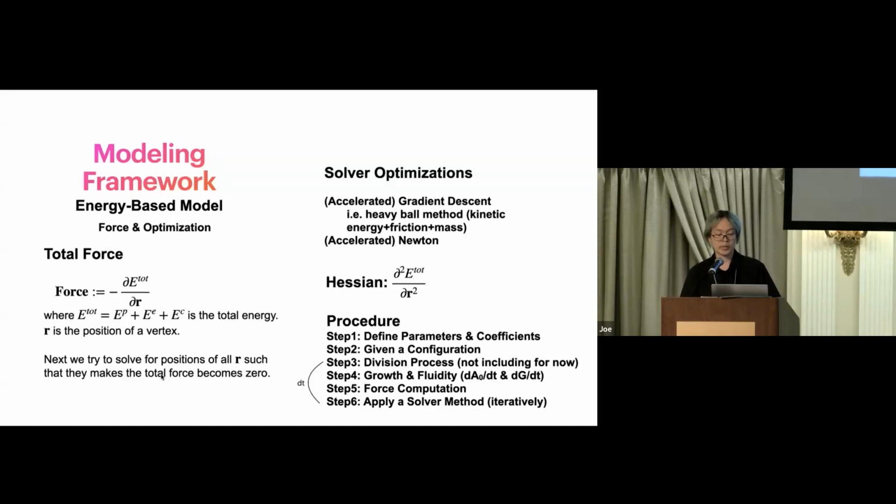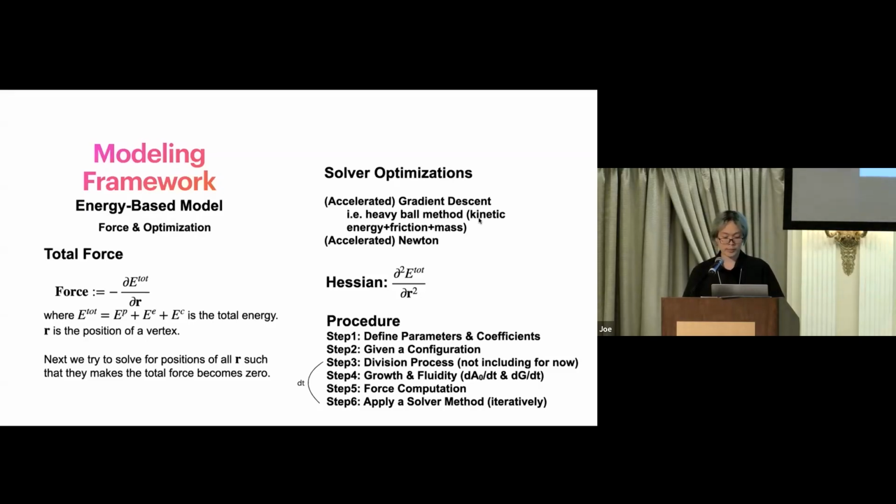And in order to do that, we can use multiple optimization methods, like the gradient descent method, or the Newton method, or accelerated versions of those. In our current simulation, we mostly use what's called the heavy ball method, which involves kinetic energy, friction, and mass to find the optimized direction so that we can find the equilibrium solution quicker.